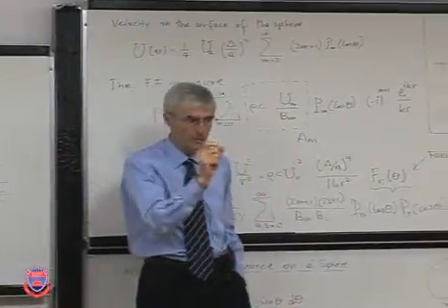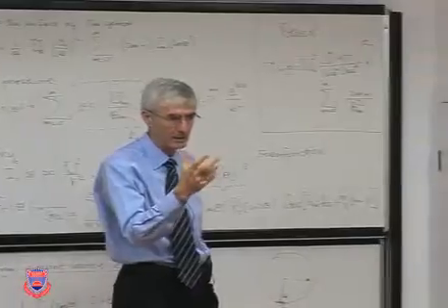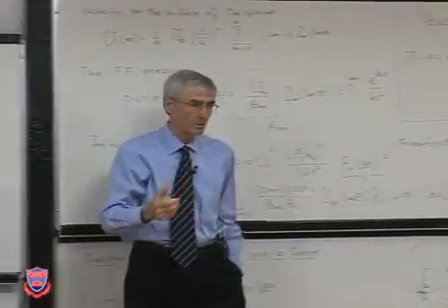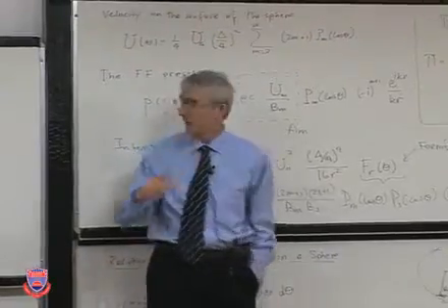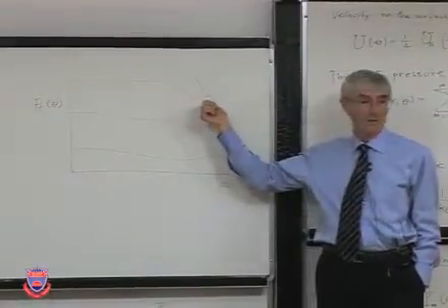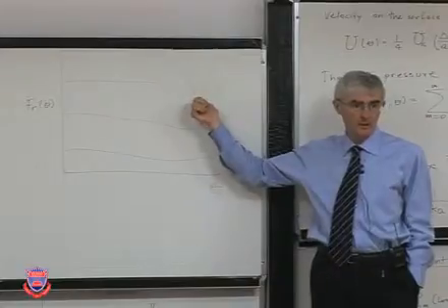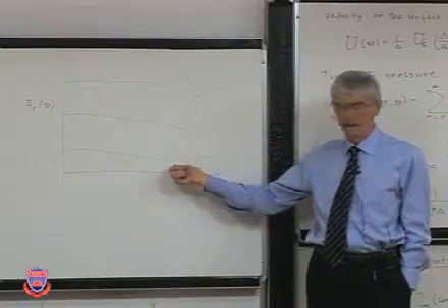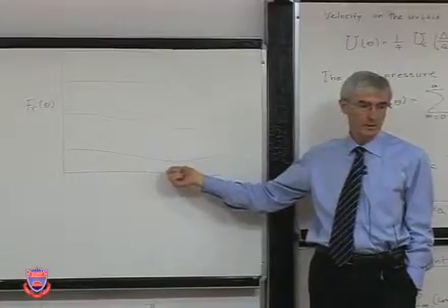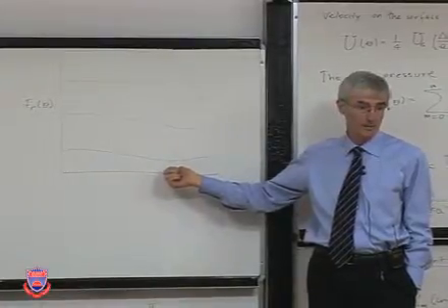Ka, either the radius is very small, then there's no shielding effect, or the frequency is so small that the wavelength is very large. So this part here is the shielding effect, okay? Whereas at low frequencies, it's a transparency.